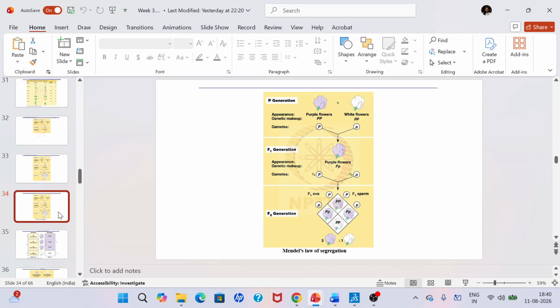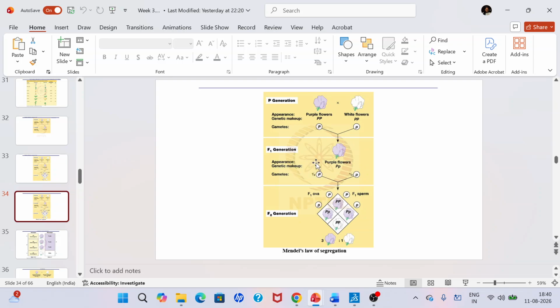Next is the P generation again. So this told us about Mendel's law of segregation. And again, purple flowers were used initially for the female part and white flowers for the male part.